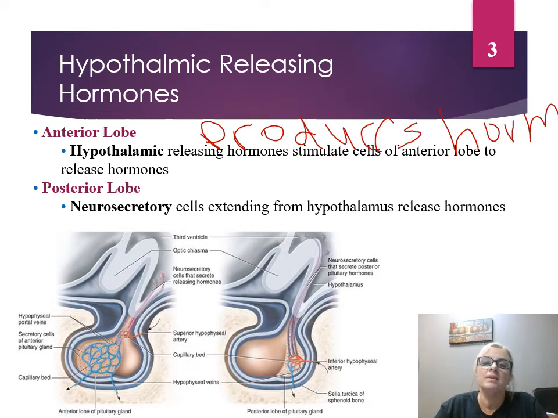The hypothalamus is going to send hormones directly to the posterior lobe through the nerves, and then the posterior pituitary gland is going to release them. ADH and oxytocin are secreted by neurosecretory cells, so that's secretory or nervous cells that secrete. Oxytocin, we talked about that.